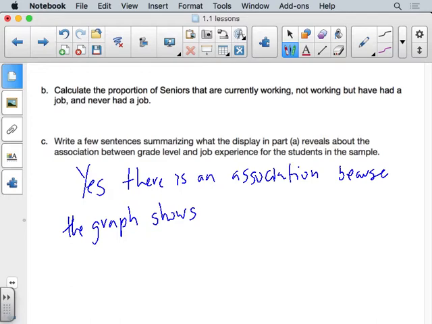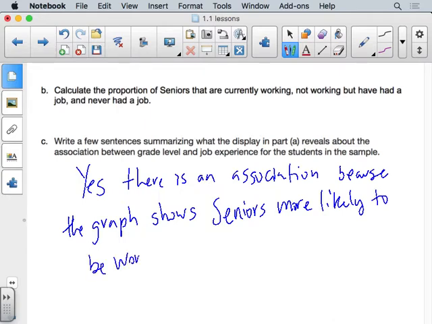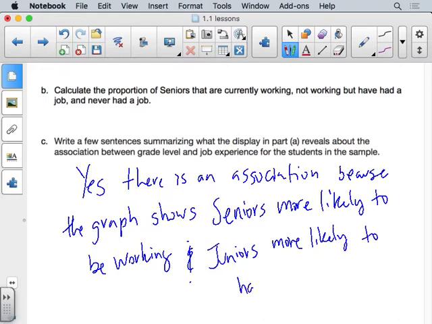So it shows seniors more likely to be working and juniors more likely to have never worked.